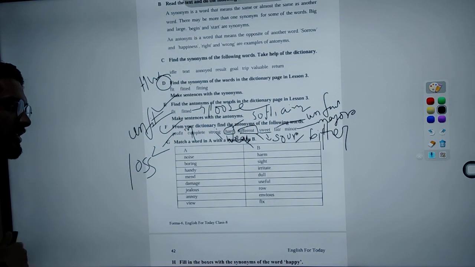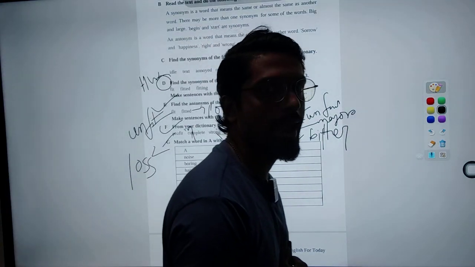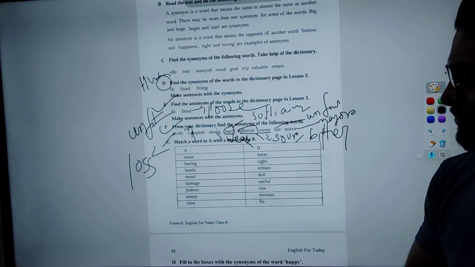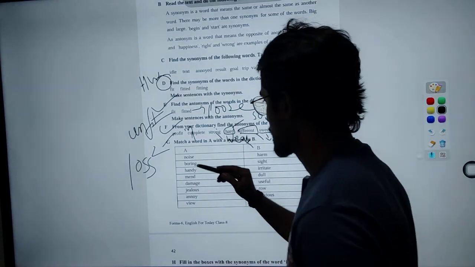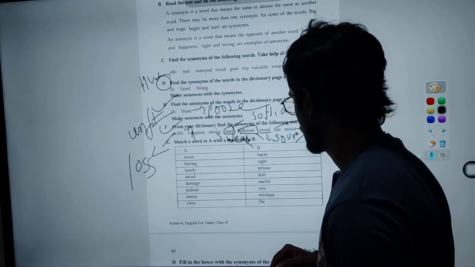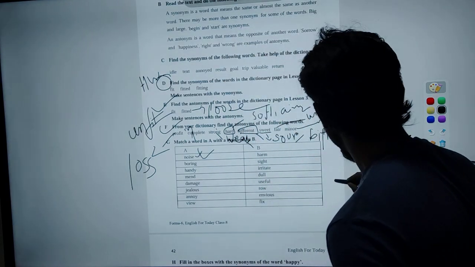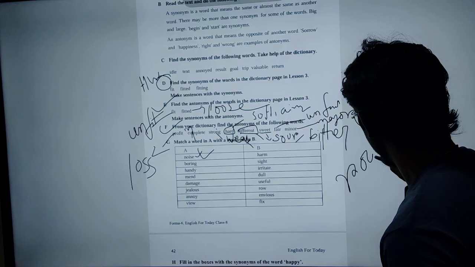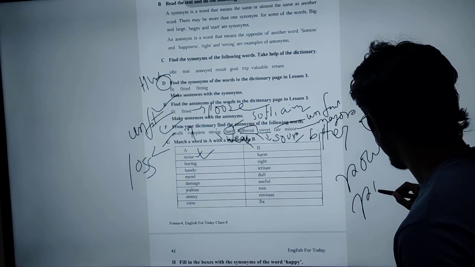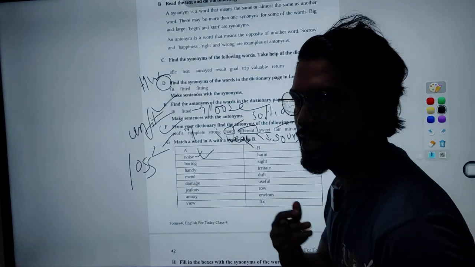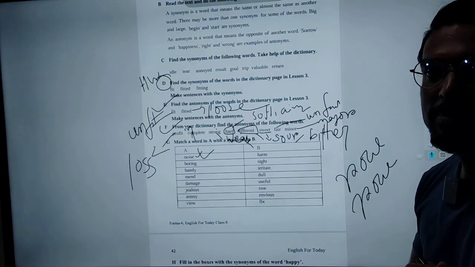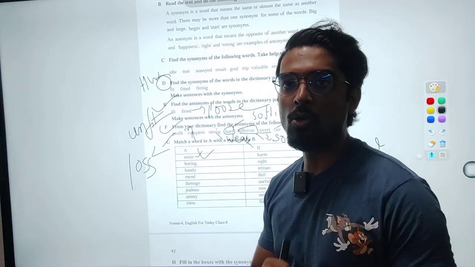So let's match the word A with B. Noise. What does noise mean? Look, there is a word R-O-W. When I say row, it means you propel a boat with an oar.